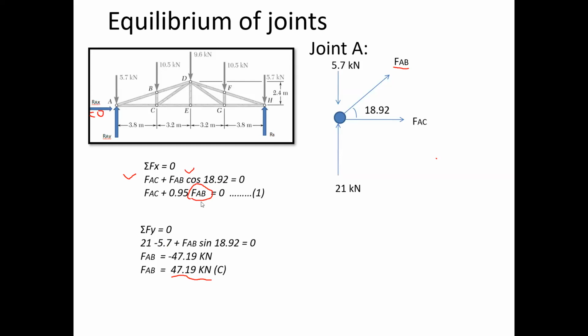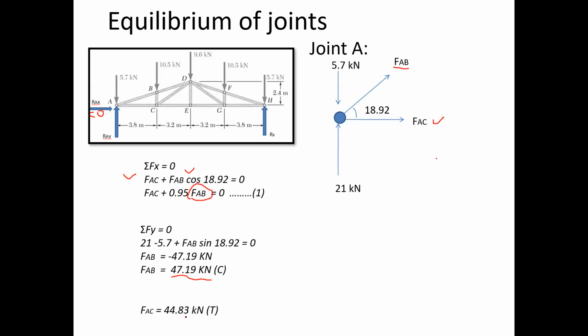Then equation 1 gives the value of FAC as plus 44.83 kilonewton. The plus sign indicates that the assumption for FAC is correct. So FAC is 44.83 kilonewton, which is tensile in nature.